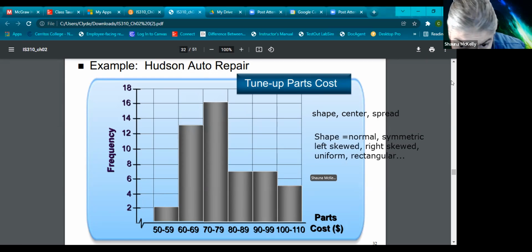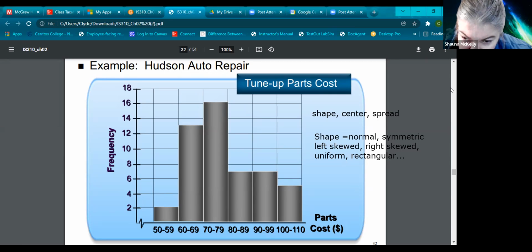In this case, this is a little bit skewed to the right. It's a little bit skewed positively because your hump is on the left. Your mean is not quite in the middle here.